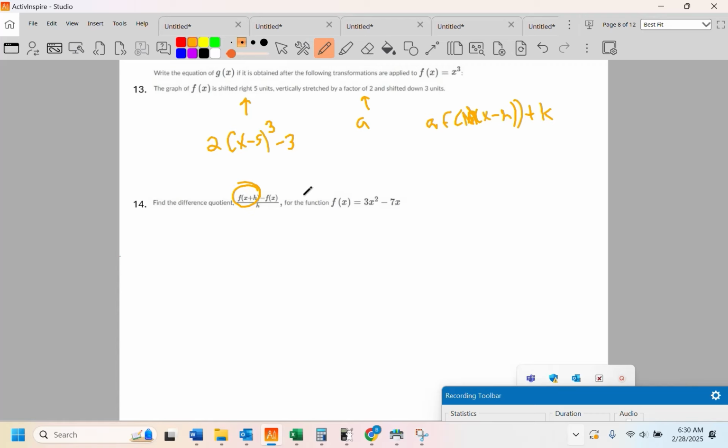Let's do this piece first. Find f of x plus h. Means that every single x you see becomes x plus h. And this one's squared, so I'm going to go ahead and write it twice. I think about half of you guys are getting it so far.